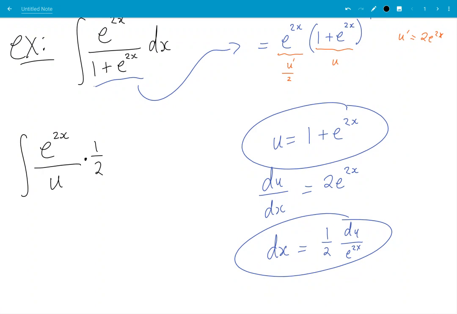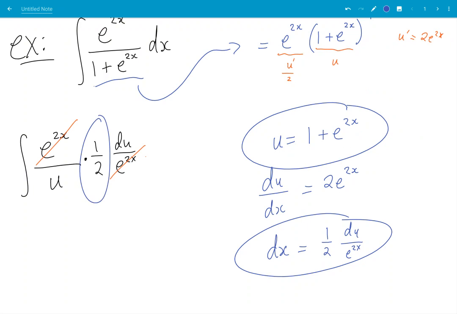So I multiplied the u over e to the 2x. I did my substitution, and as expected, the important cancellation occurs.